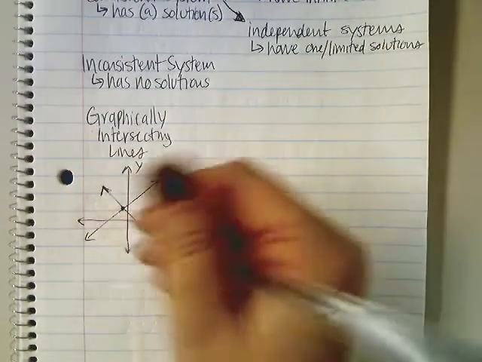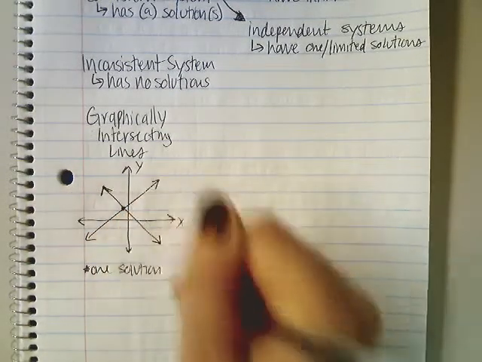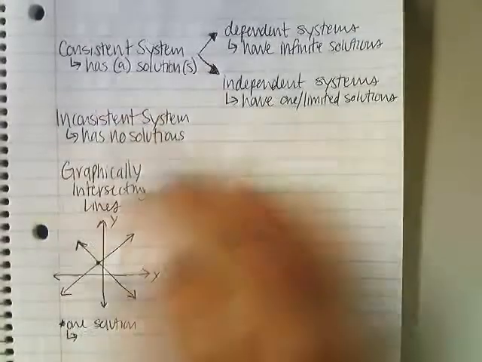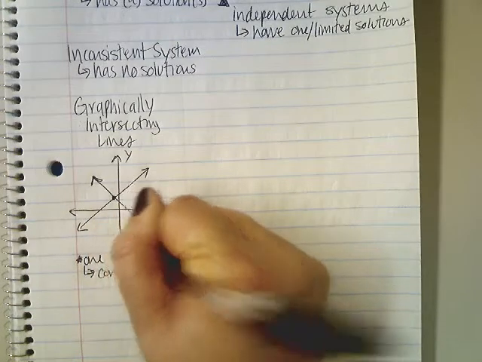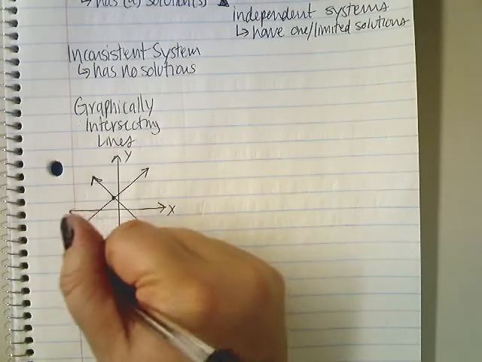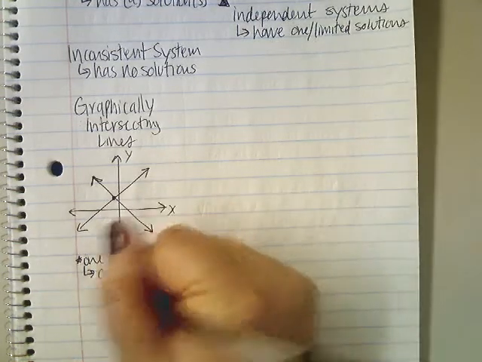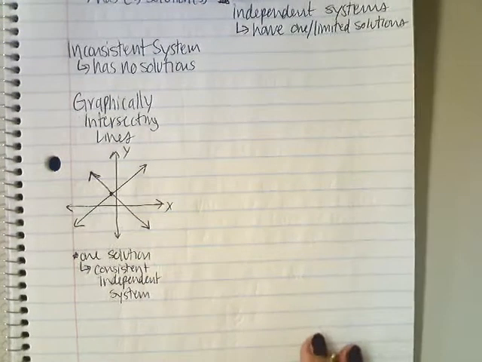So these have one solution. Therefore, looking at my systems up here, it's going to be consistent because it has a solution, but it's going to be independent because there's only one. So it is a consistent independent system.